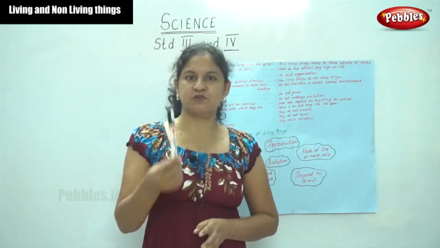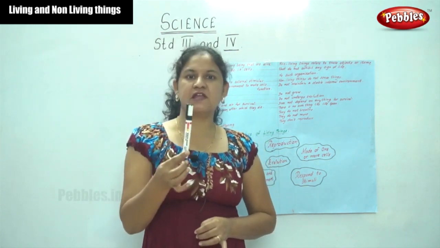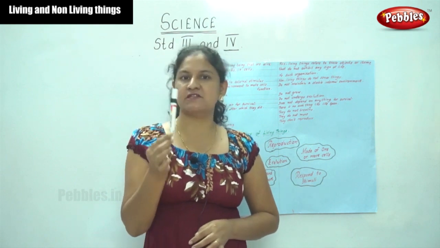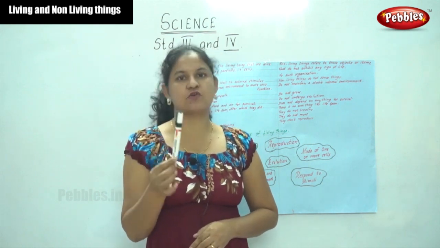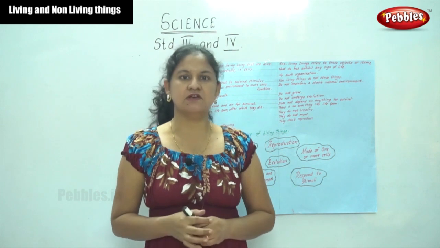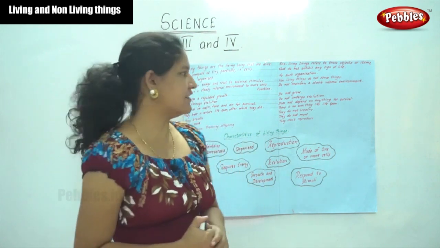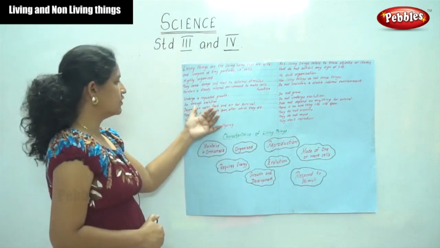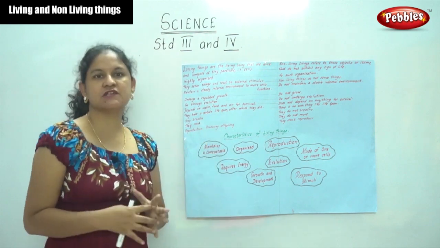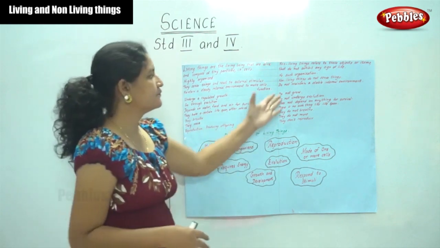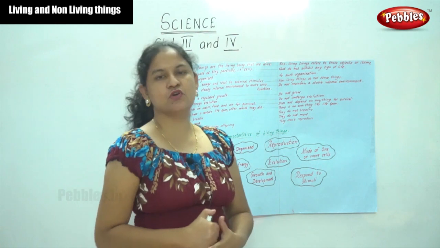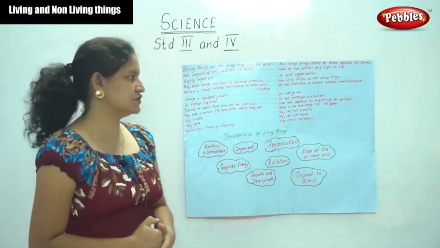If for example we take this pen, even after 10 years the pen remains the same, it does not grow. So it does not have growth because it does not have life. Living things go through evolution. Evolution is changes. Non-living things do not undergo evolution.